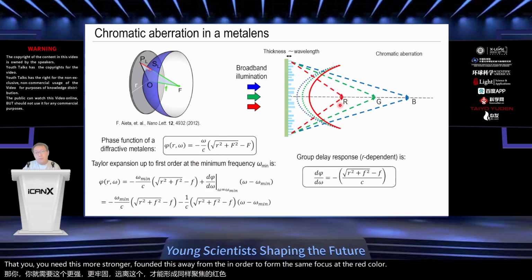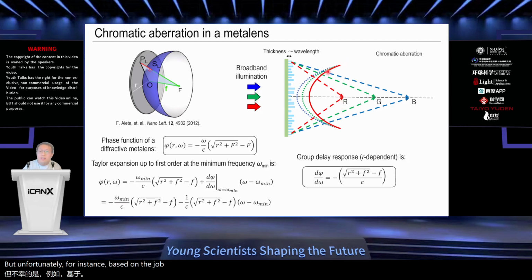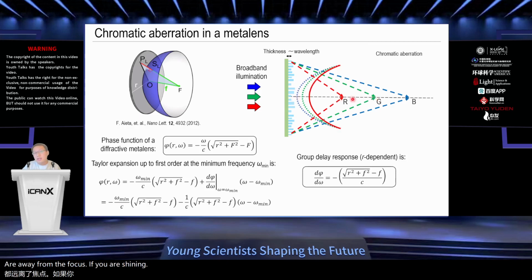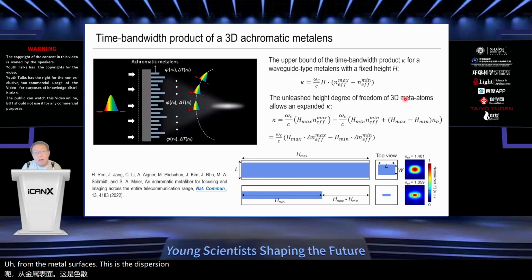But unfortunately, based on the geometric phase, this phase profile is constant, even as you shift the wavelength. So realistically the wavefront you offer is flatter, which pushes this wavelength away from the focus. If you're shining higher frequency, it is pushed further from the metasurface. So this is the dispersion that has been identified.